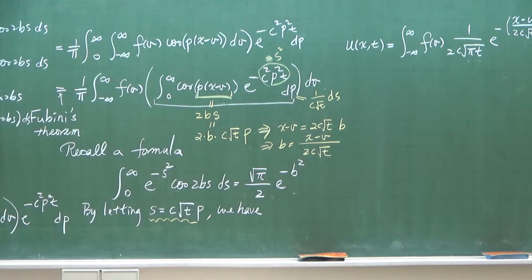So odd function times even function becomes odd function, and when you do the integration, it's 0. Okay, you have that.